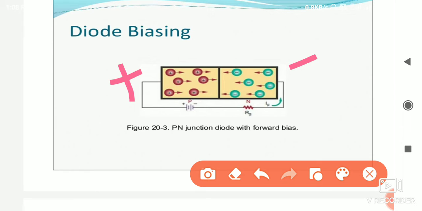In forward bias, the positive charge repels the holes of the p-type material, and the negative charge repels the electrons of the n-type material. So a hard repulsion takes place, recombination at the junction is very fast, and the depletion layer becomes very thin.